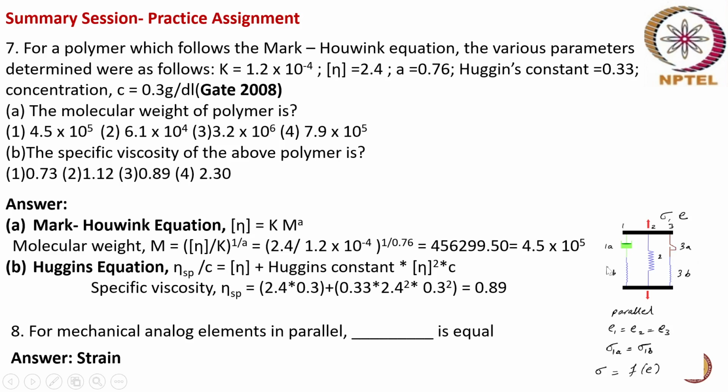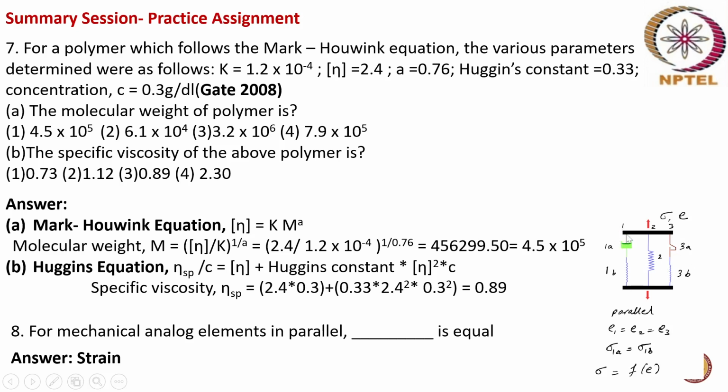Consider the series arrangement of the dashpot and spring as element 1, this spring as component 2, and the series arrangement of this sliding element, which is for plasticity, and the spring as component 3. For these three components your strain is equal.